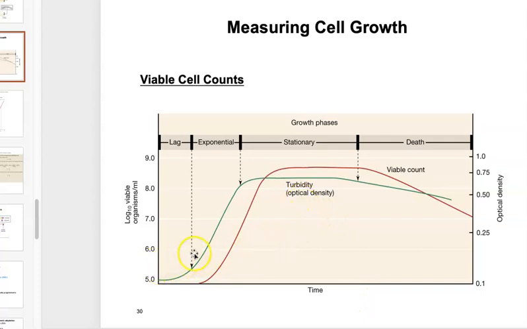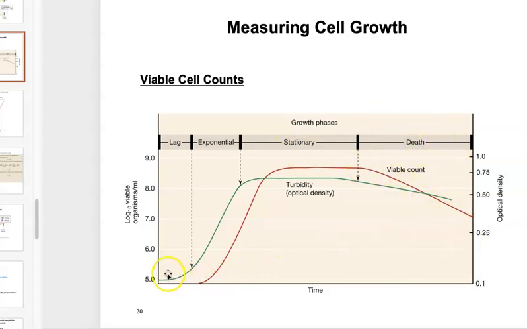And so again, here's our line for turbidimetry, and then here's our hypothetical graph for viable count. Either way, regardless of how we do it, bacteria will fall into the characteristic four phases of growth: lag phase, exponential, and stationary phase. And then there's this death phase where things taper off.